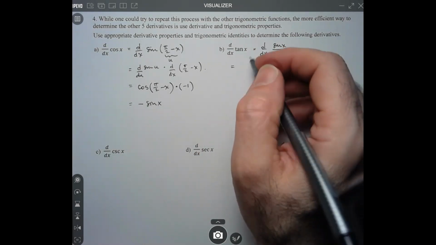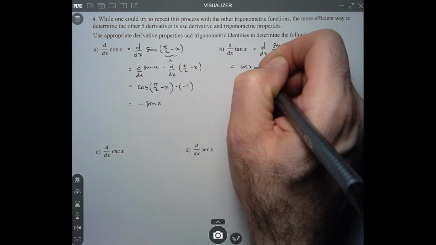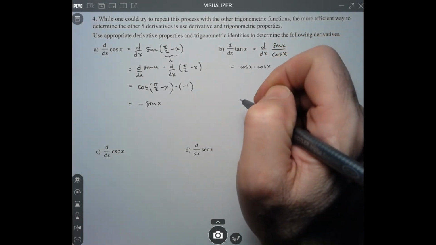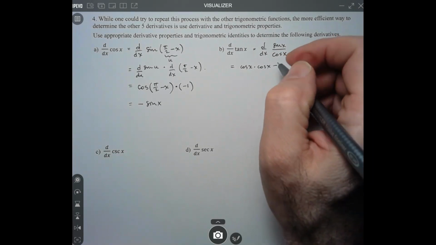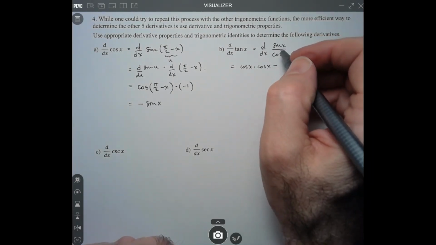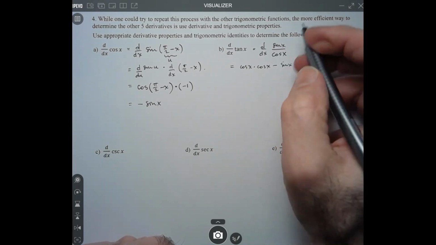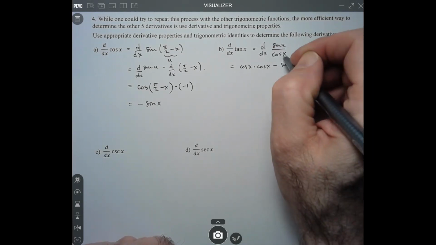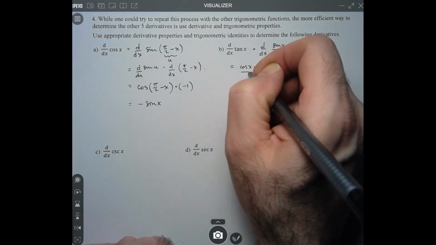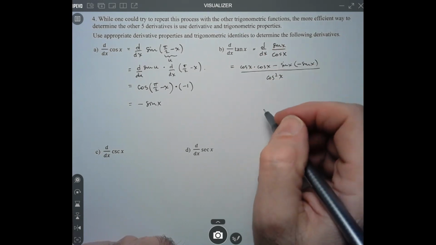The derivative of the numerator is cos x times the denominator function, which is cos x, and then we've got minus the numerator function times the derivative of the denominator function. The derivative of cos x we found earlier was negative sine x, all over cos squared x, the square of the denominator.